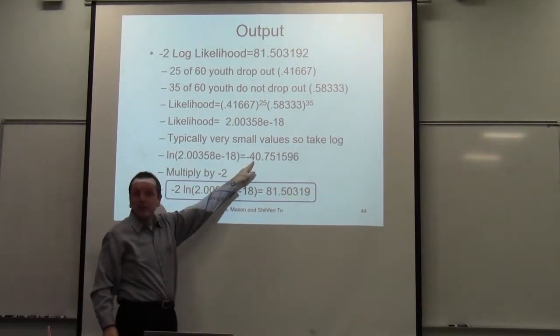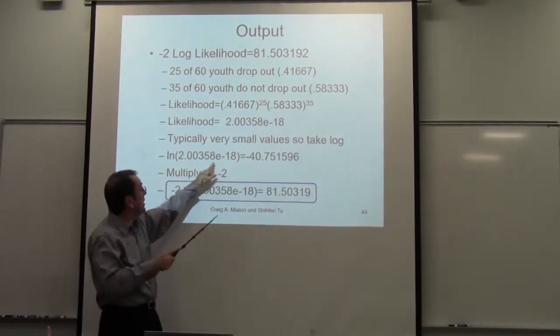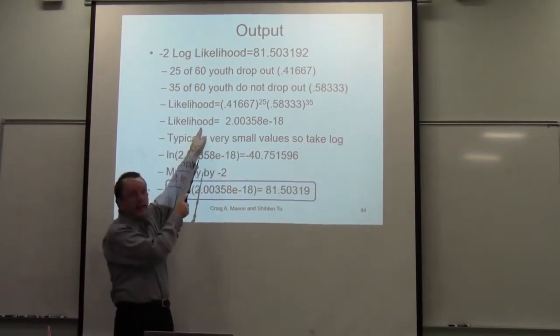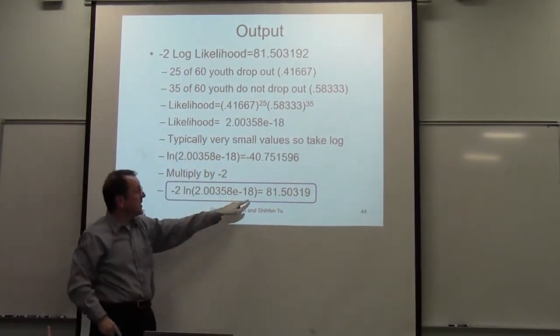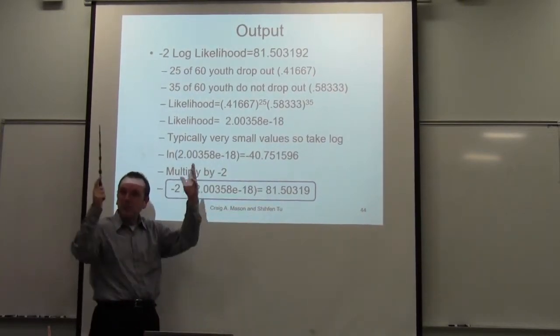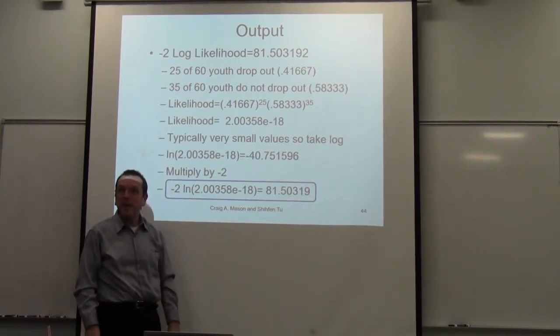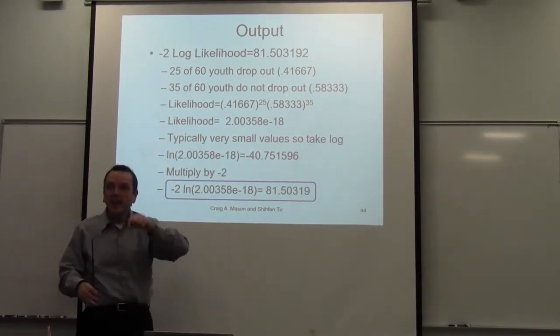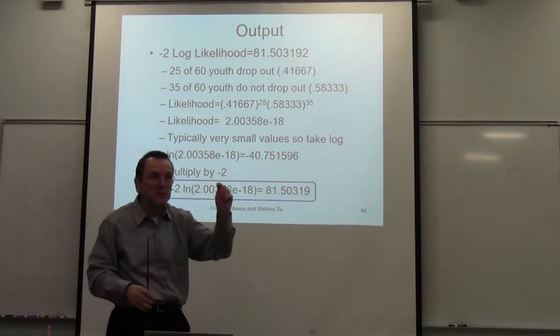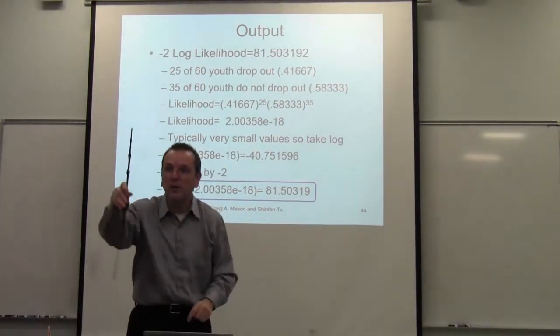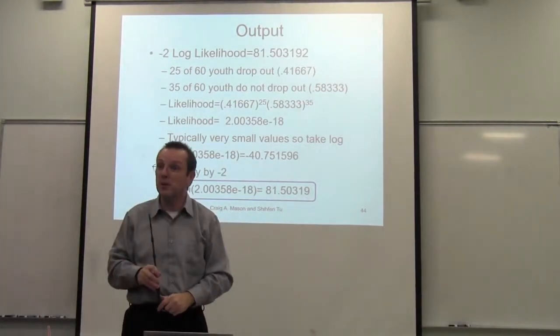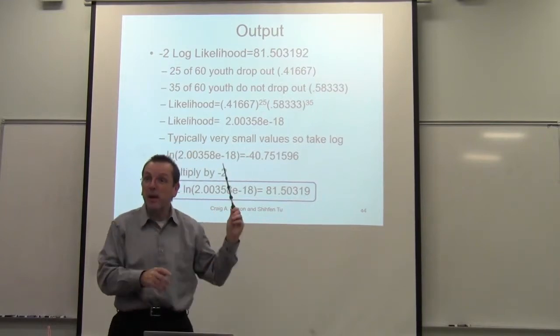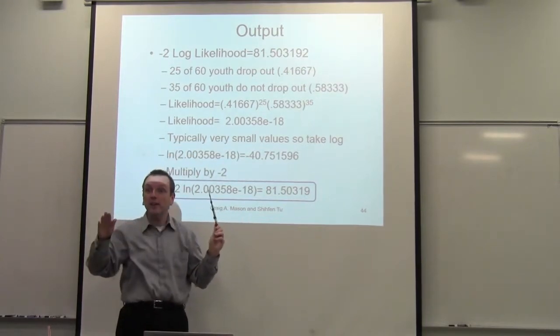Multiply that by negative 2 and the negative 2 log likelihood is 81.5. That's where the negative 2 log likelihood comes from. It's negative 2 times the log likelihood that we're predicting correctly, and this is based on the fact that we know nothing.